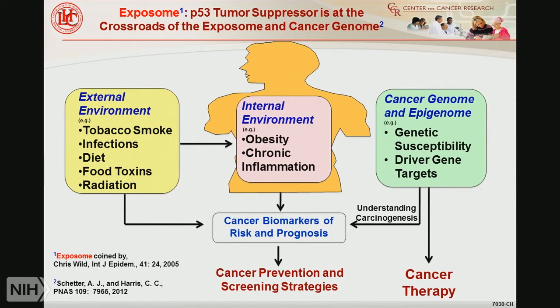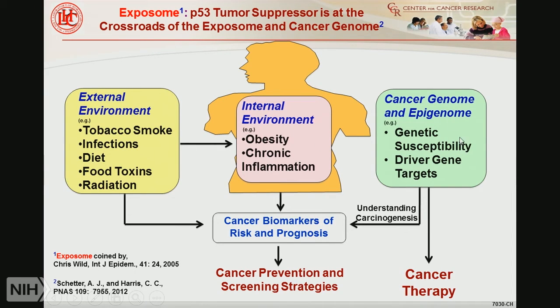So what's the exposome? It was coined by a fellow named Chris Wild, who's director of the International Agency for Research on Cancer. And you're all familiar with the environment and carcinogens that might be in the environment, tobacco smoke, infections, and so forth. But it also includes the internal environment that is directly influenced by the external environment, such as obesity and chronic inflammation, leading to cancer biomarkers of risk and prognosis.